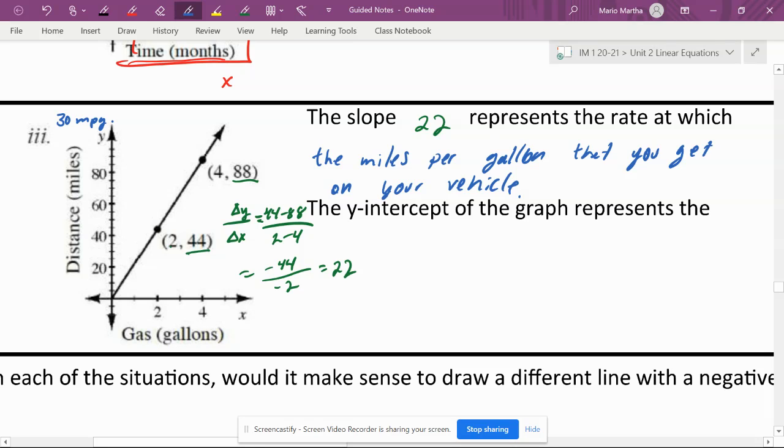So the y-intercept of the graph, if you notice, we started at the origin, right? So if you have 0 gallons, so no gallons equals no miles pretty much. So if you don't have any gas, you can't travel, right? So no gallons, which means no distance traveled.